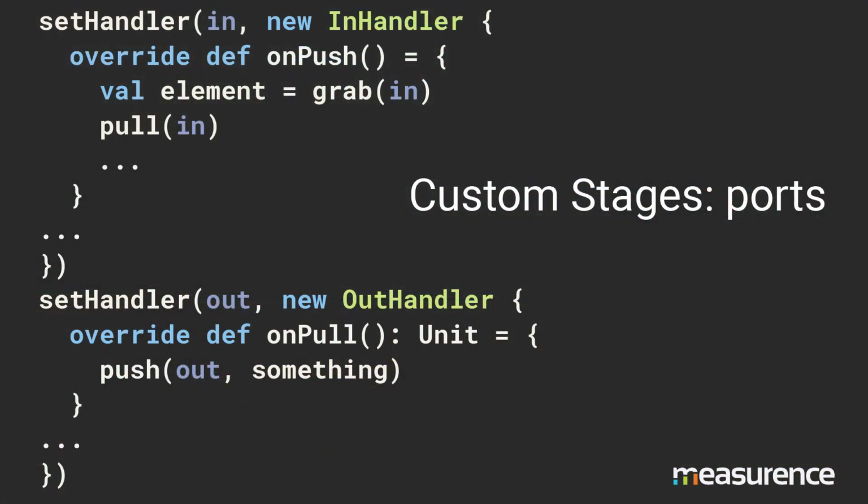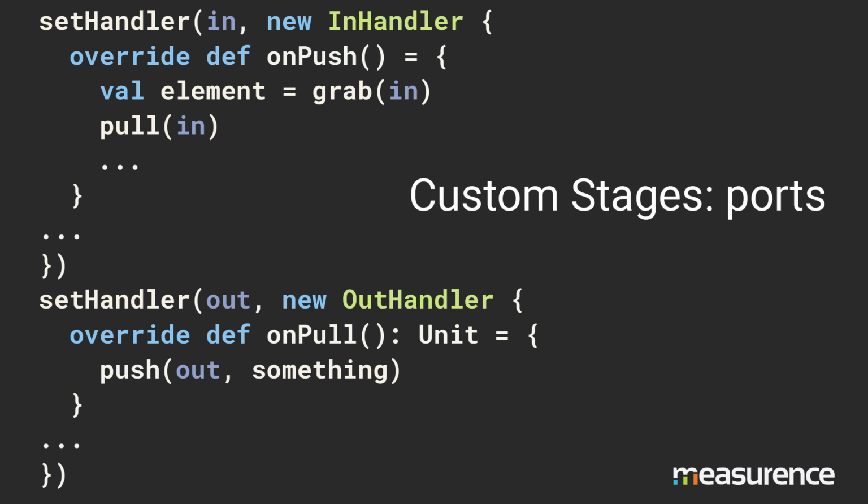Next, to implement the flow of the data, you have to implement a handler for each of your ports. So in this case, an InHandler for the input port and an OutHandler for the output port. You have to override, for example, in the input port case, the onPush method. This one is called when the upstream piece is ready to give you something.